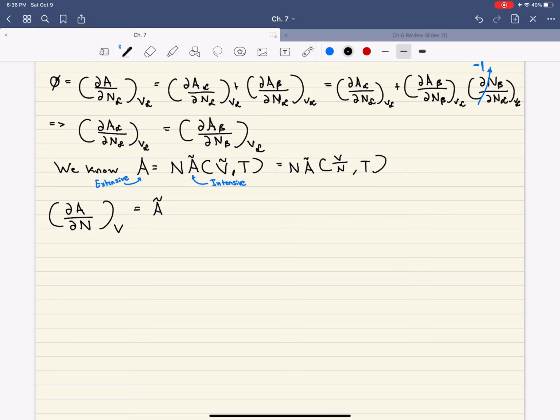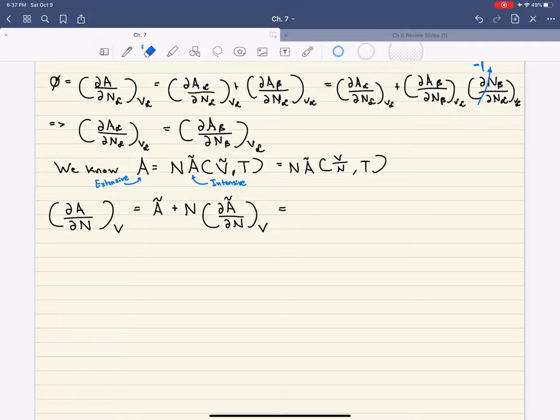Then we take the derivative of A squiggly and multiply it by N, at constant V. All right.